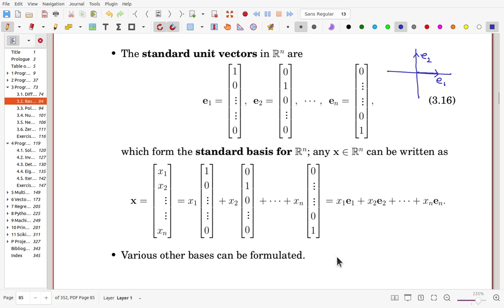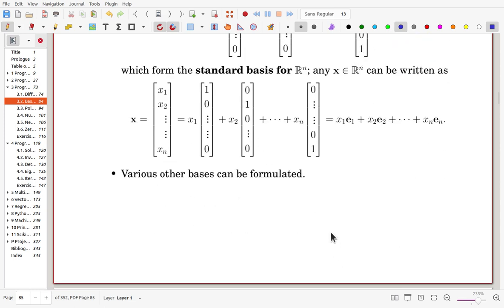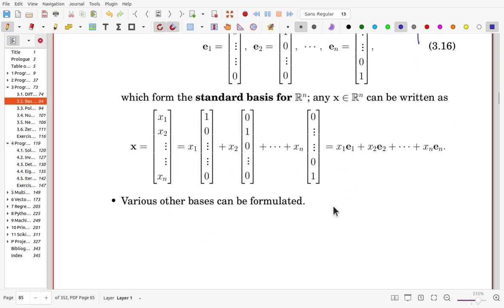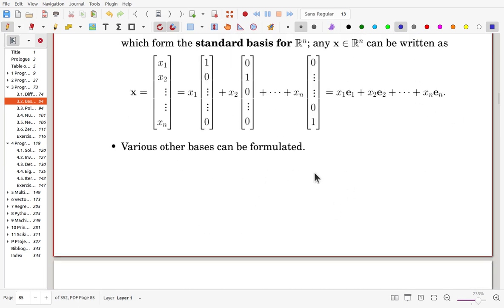Now for a given vector space, you can formulate other bases. This is the standard basis for R2, but for R2 you can make some other bases. For example, one vector is the same as E1, but for another vector, let's write down a unit vector: 1 over square root of 2, and the second value is also 1 over square root of 2.